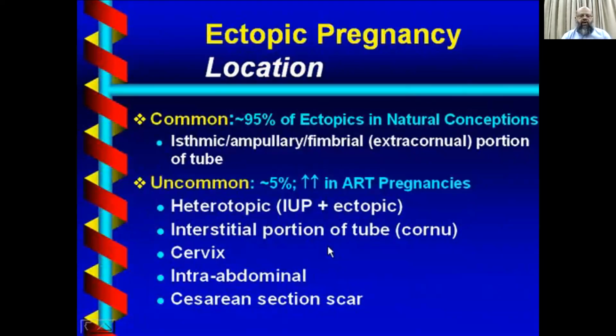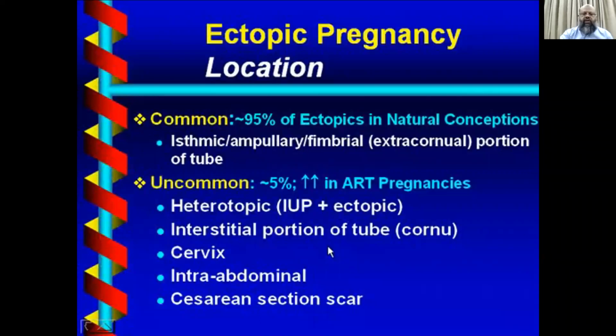Whenever a patient comes with pain and bleeding, even with a normal intrauterine pregnancy, the adnexa must be assessed for an ectopic, called heterotopic pregnancy. The incidence is very low. Other sites are the interstitial portion of the tube, which is the cornu, the cervix, intra-abdominal, and cesarean section scars.